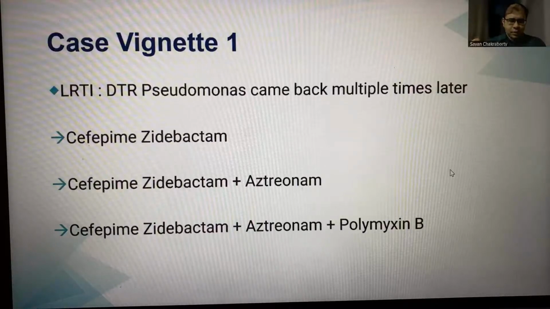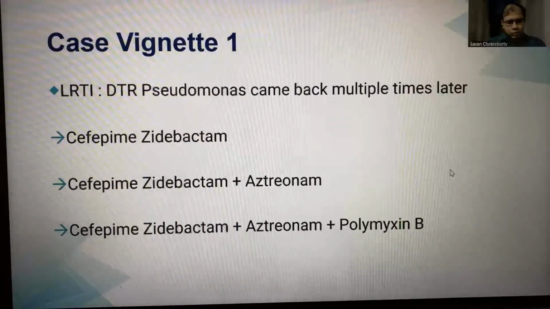When the patient started eating on her own, things got better, but Pseudomonas did not leave us. It became our biggest enemy. This time we used cefepime zidebactam with aztreonam and polymyxin B combination. So you can understand what the patient and the treating team were going through, because we could not take her out of the ICU and these infections were continuing.